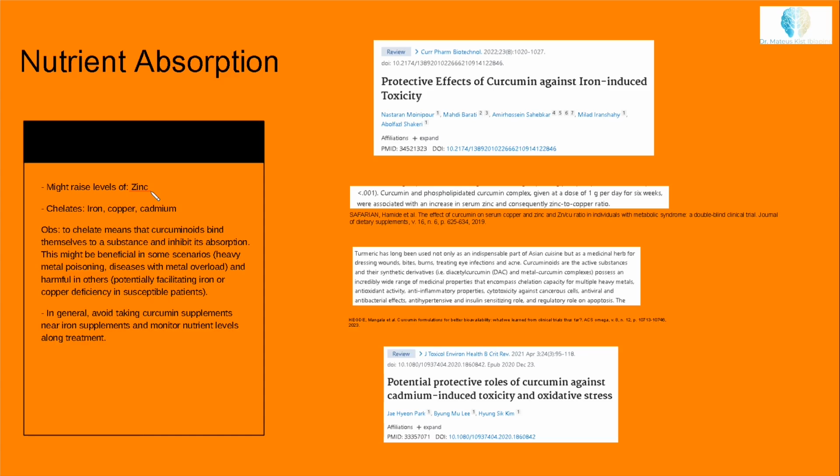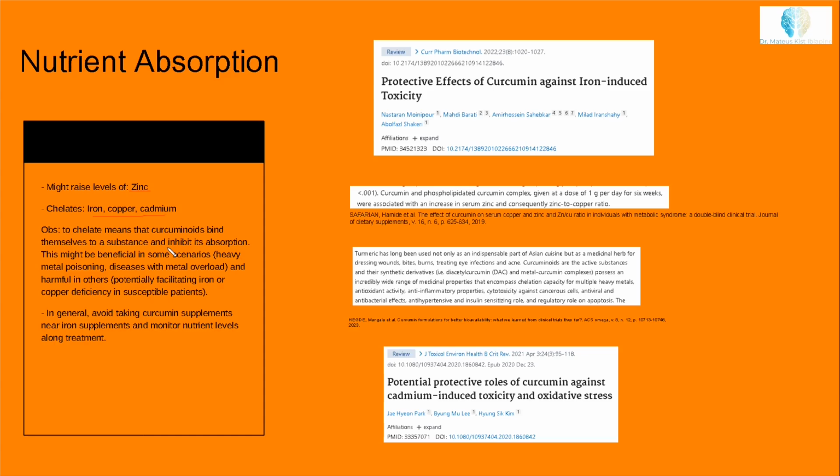What does it mean to chelate something? To chelate something means that the substance, in this case curcuminoids, bind themselves to another substance, in this case these metals over here, and when they make that binding, they inhibit its absorption.